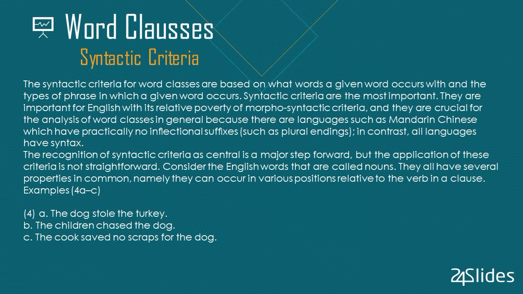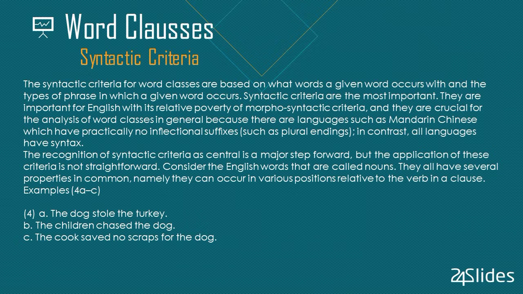They are important for English with the relative poverty of morphosyntactic criteria, and they are crucial for the analysis of word classes in general because there are languages such as Mandarin Chinese, which have practically no inflectional suffixes, such as plural endings. In contrast, all languages have syntax. The recognition of syntactic criteria as central is a major step forward.